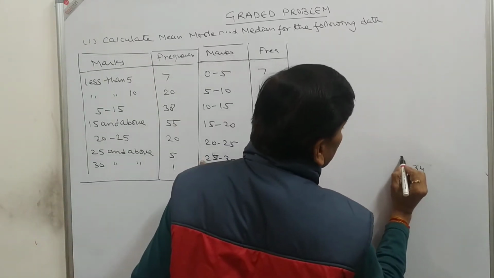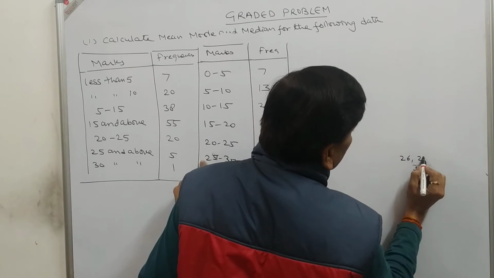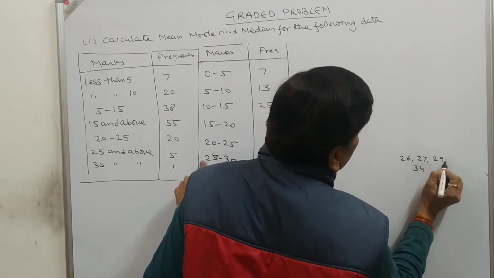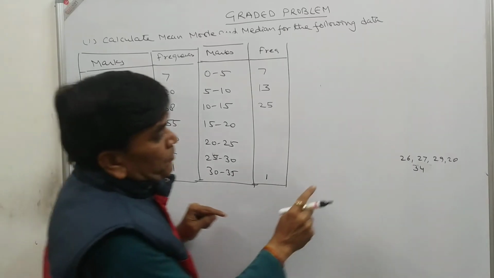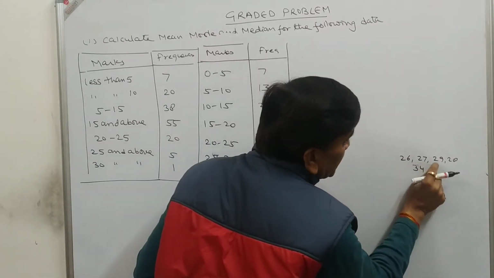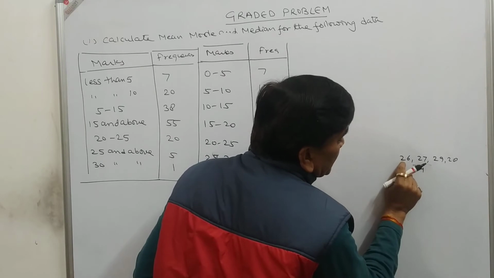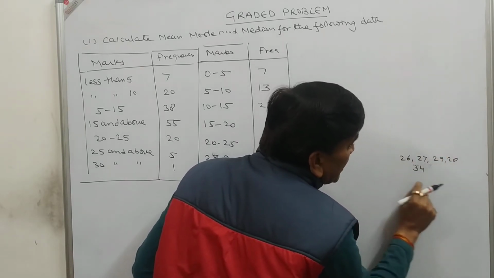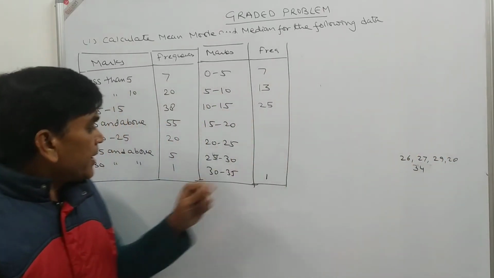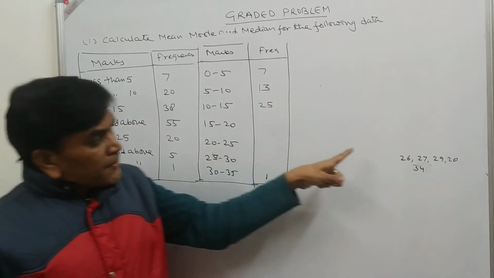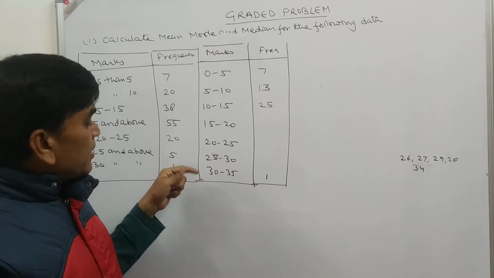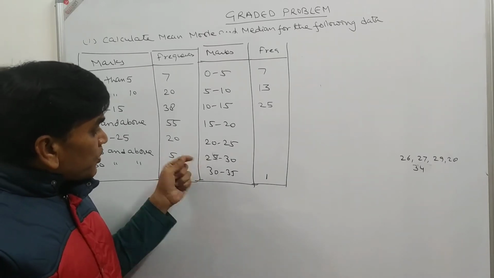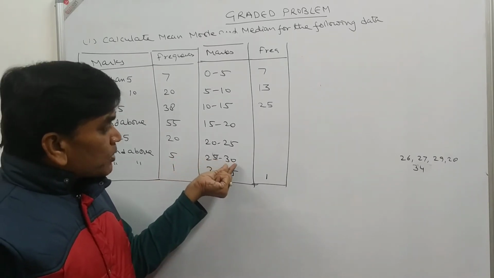Suppose the given numbers are 27, 29 and 28. So from 25 and above, 5 numbers are there: 1, 2, 3, 4, 5. These all numbers are 25 and above. Now we are to take 25 to 30.